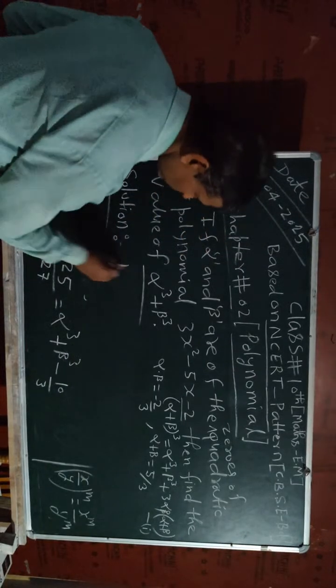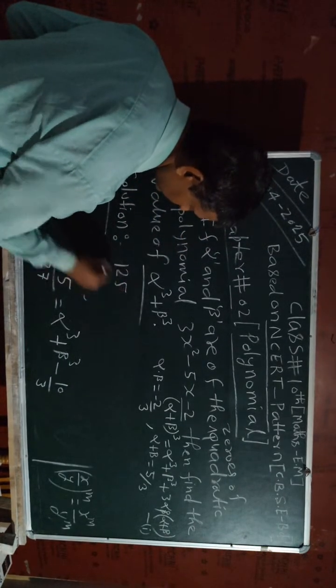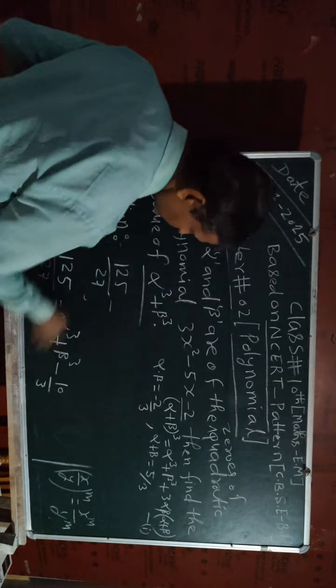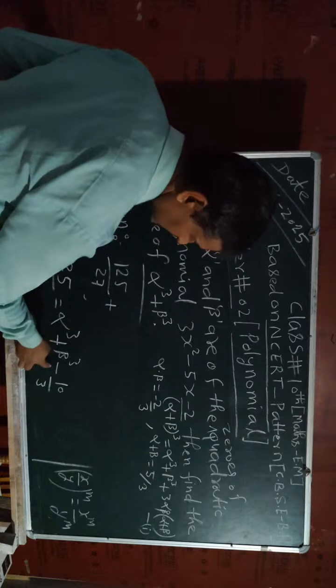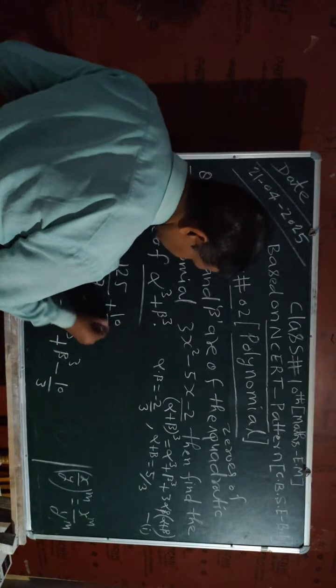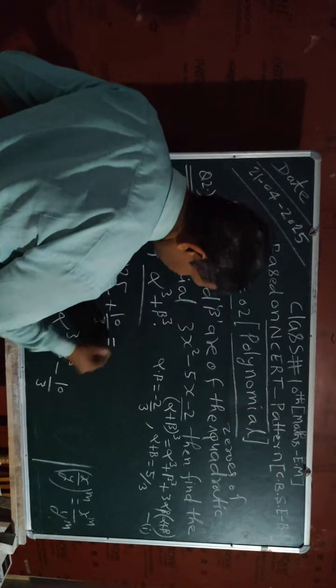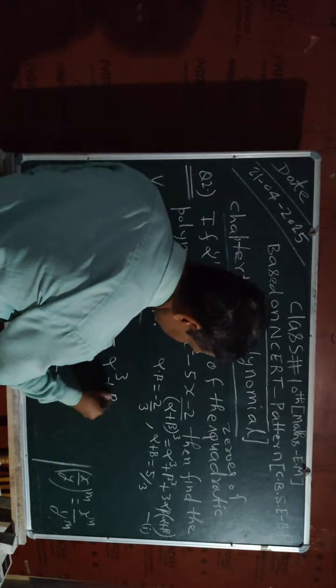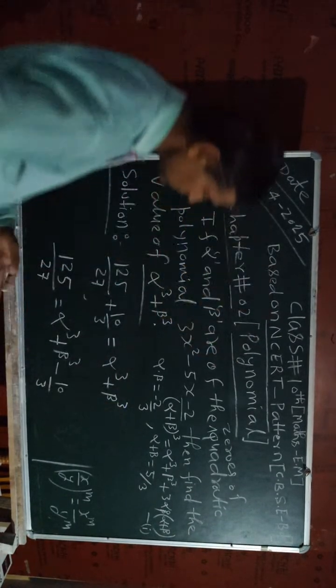Here I will write the same data, 125 divided by 27. This term will go to the left hand side, so it will change its sign, that will be plus 10 divided by 3. Now in the right hand side this term is available, so I will write alpha cube plus beta cube. Okay, student.